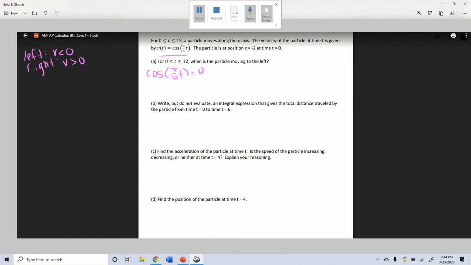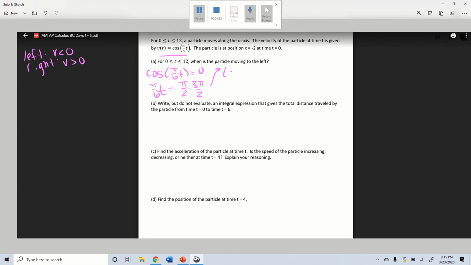Just thinking through the unit circle, cosine is going to be equal to 0 at pi over 2 and at 3 pi over 2. And we need this pi over 6 because that's inside of that velocity equation. But we don't want pi over 6t, we just want t.